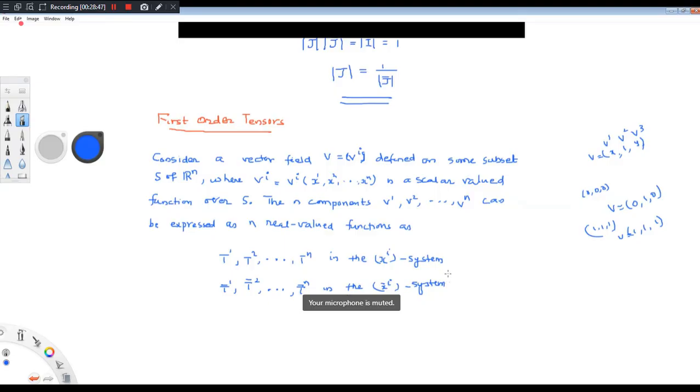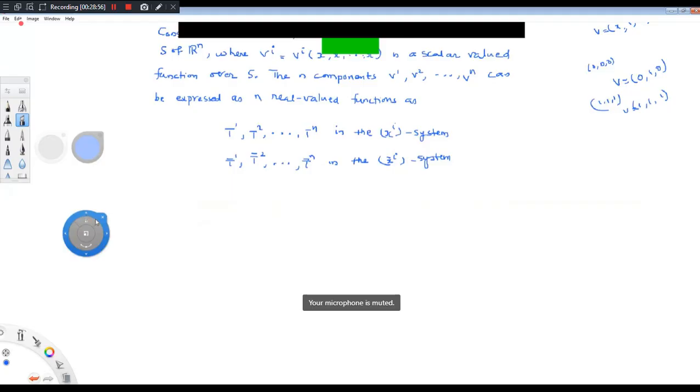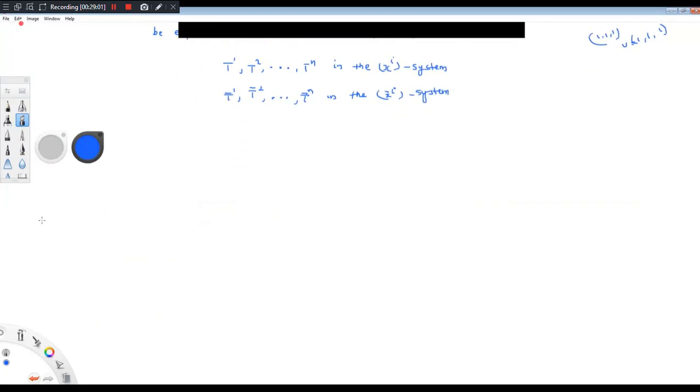Where xi and x bar i are related by x bar i equal to x bar i of x1, x2, etc. xn, and xi equal to xi of x bar 1, x bar 2, etc. x bar n.